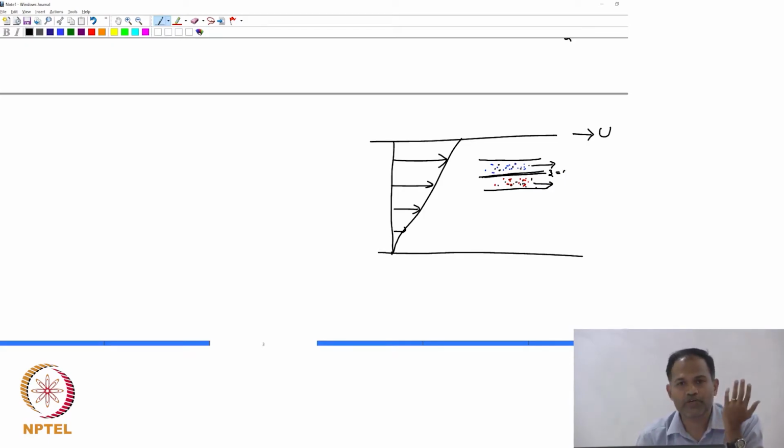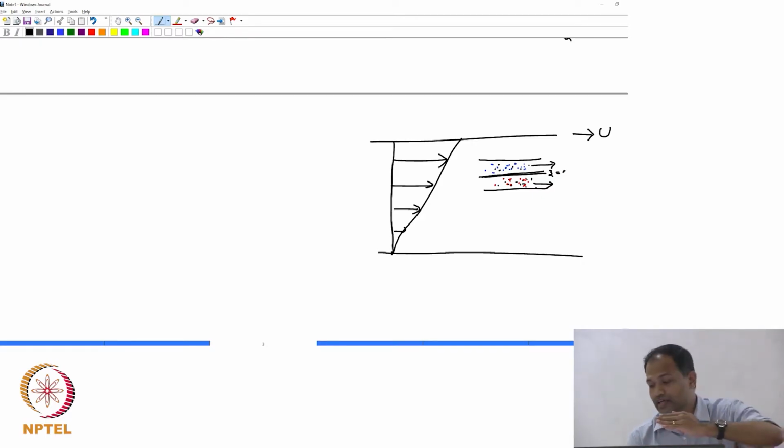What would be the consequence of that? The red molecules have a lower momentum compared to the blue molecules, right, because on average the red molecules are at a lower velocity. Because these are moving up and down, some of the red molecules that have gone towards the region of the blue molecules are essentially transporting x directional momentum in the z direction.